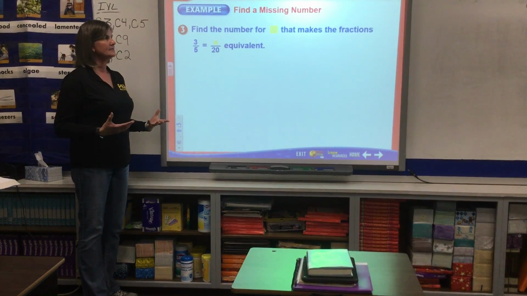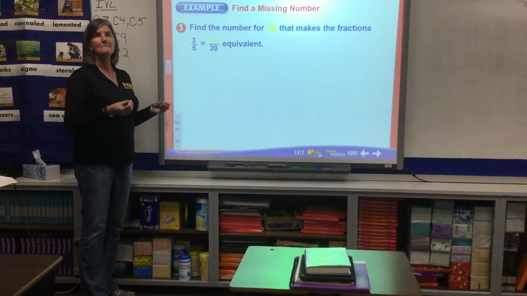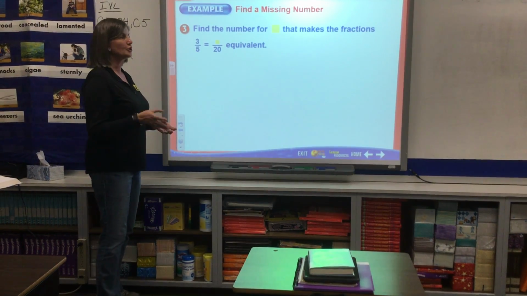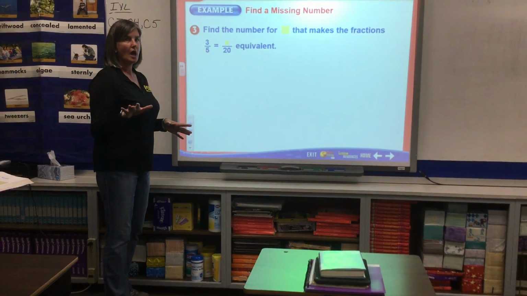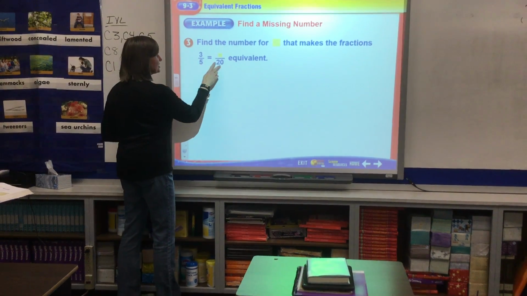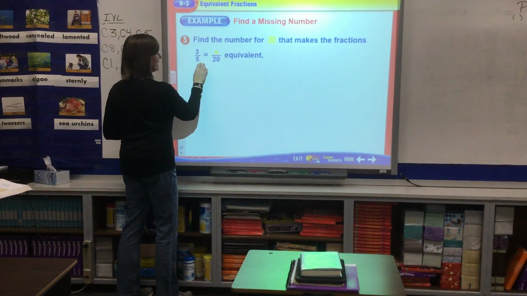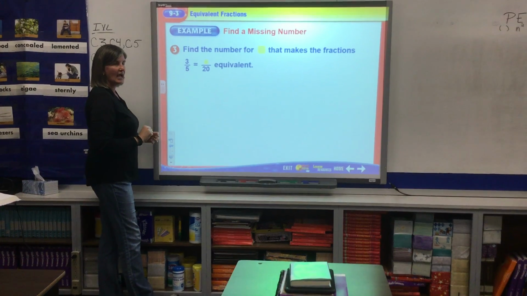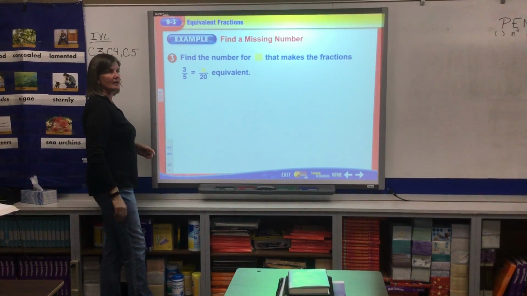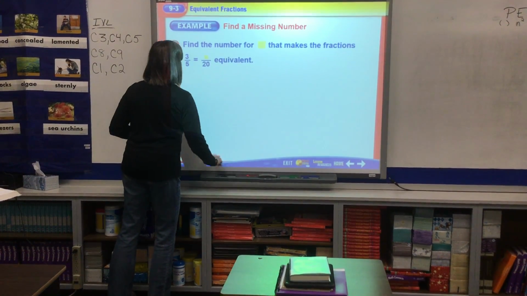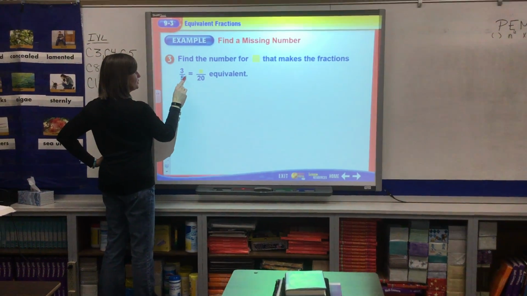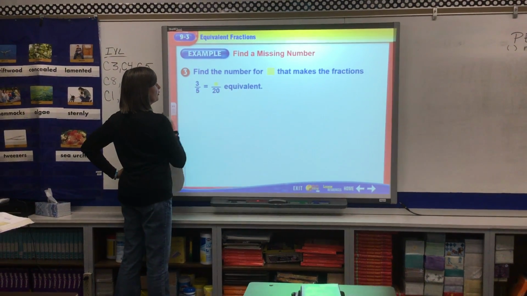Now, sometimes they might give us a problem where there's a missing number. You're going to use that same rule, and you're going to figure out what the relationship is between the two on each side of the equal sign, and then you're going to do that exact same thing to the other number. So for example, here I say, this is 3/5 equals what number over 20?